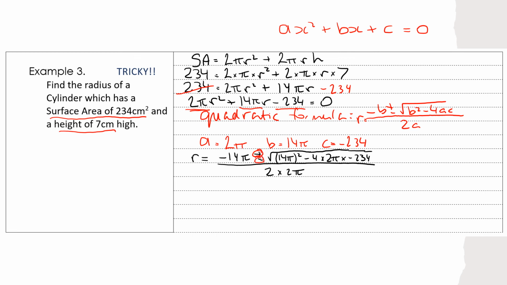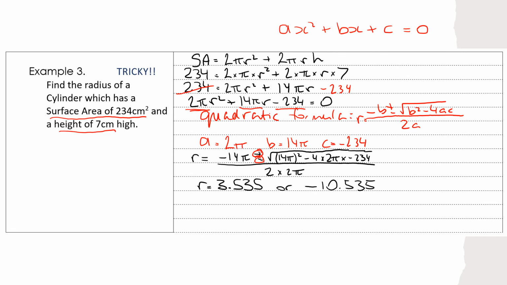So when we use our plus, we get the radius equals 3.535 to 3 decimal places. Now if we were to use the minus, now I'd recommend don't clear your calculator, just arrow back through and put a minus in. If we were to use the minus, we would get negative 10.535.